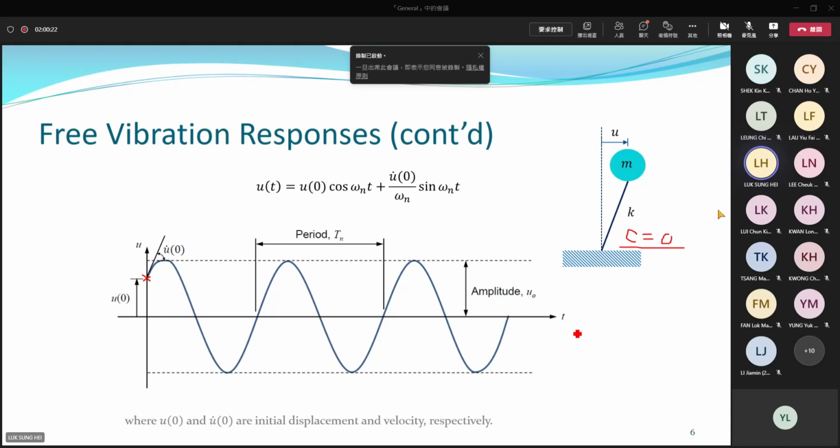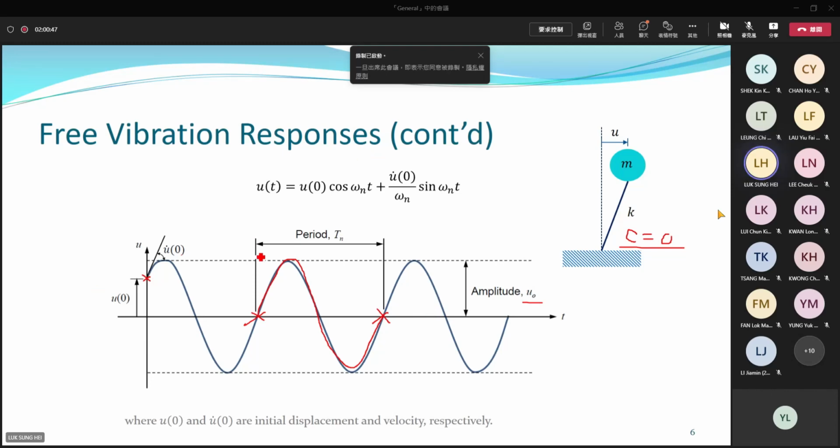The amplitude, I use U0 here to denote amplitude. And then you can measure the vibration period. Period means the time required to complete one vibration cycle. We call that period. Period is also one important property to describe the dynamic system.